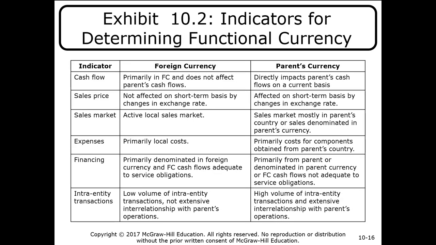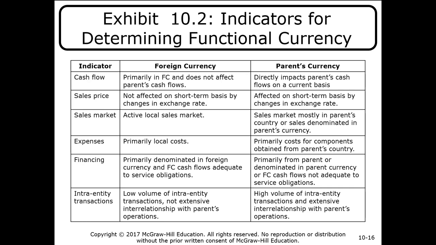So what's the determination of functional currency? What do they do with their cash flow? Do they primarily record cash in the U.S. dollar or the subsidiary's currency? What is the sales price? What is the sales market?